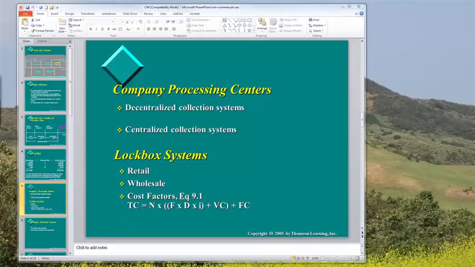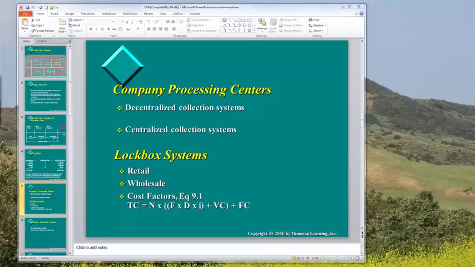A wholesale lockbox system is designed for fewer payments of larger amounts. But in all of these situations, whether it's a company processing center or a lockbox system, we need to deal with this equation that's down here at the bottom of this slide, and is also equation 9.1 on page 324 of your text.